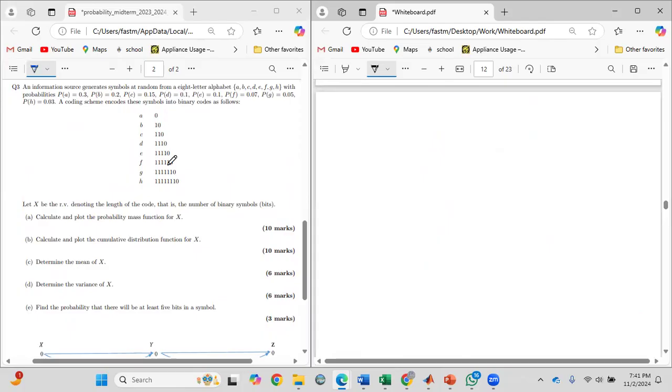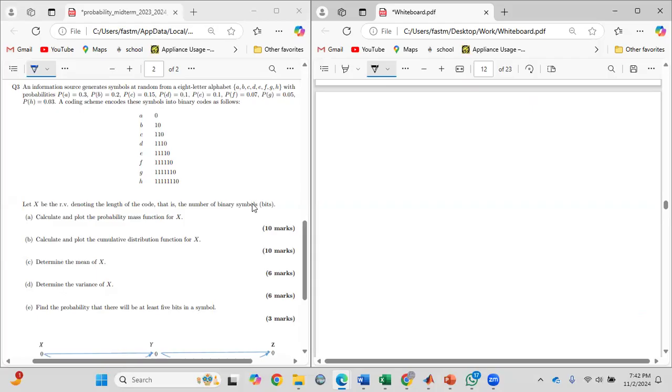Important line: X is the length of the code, that is the number of binary symbols, whether it be 0 or 1. So the random variable X is the length of the code. That is your possible values that you're using.